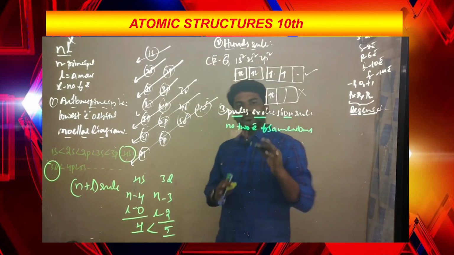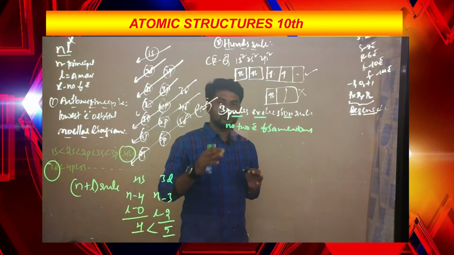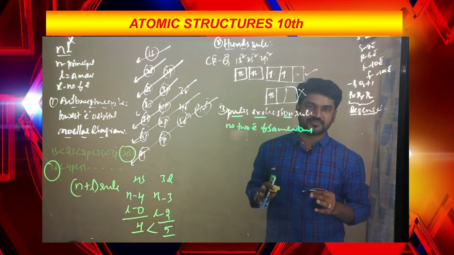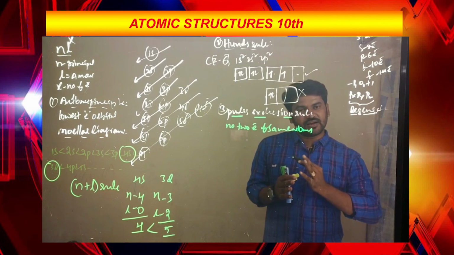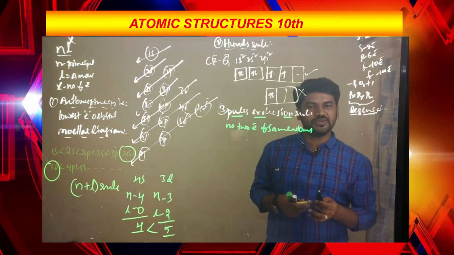That is, if you take any one atom, no two electrons in that atom have the same 4 quantum numbers. That means in an atom all the electrons have different quantum numbers, at least one quantum number should be different.